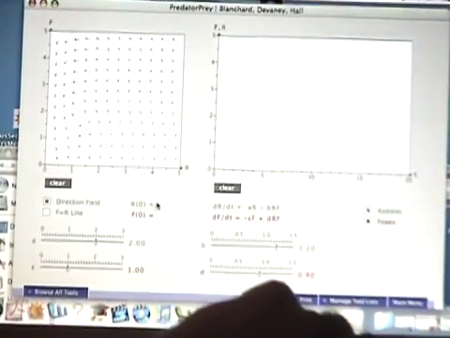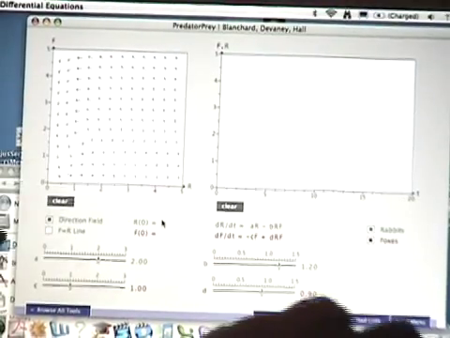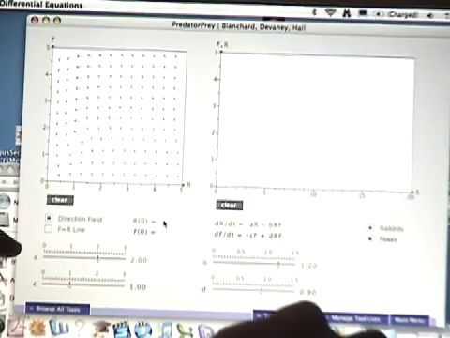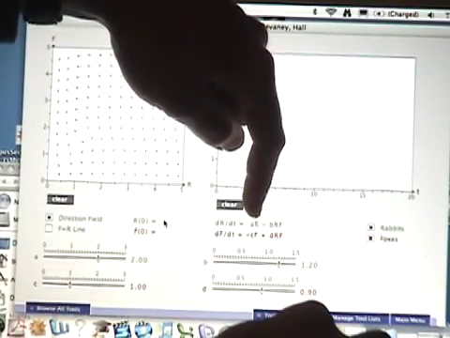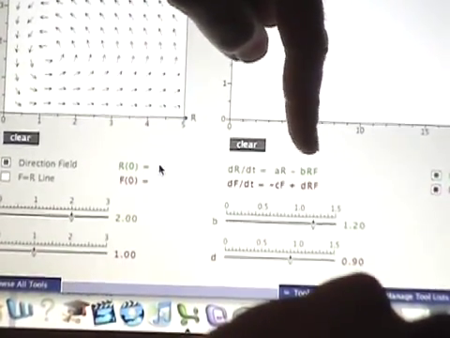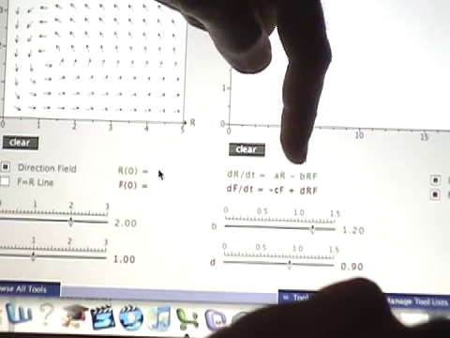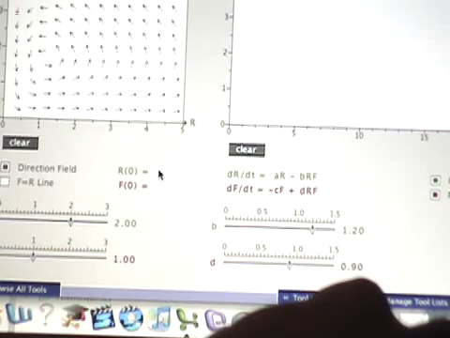If you zoom in on these sliders down here and over here, you'll see some numbers that the A, which is the coefficient of the R right here, is set at 2. And the B, which is the coefficient of the interaction term, actually negative B is set at 1.2, so the coefficient of R times F is negative 1.2, like I have on the screen by hand.